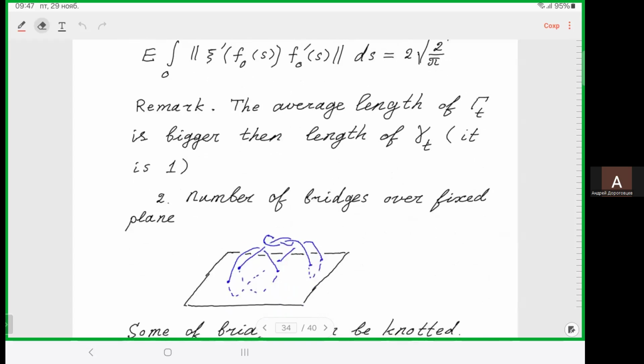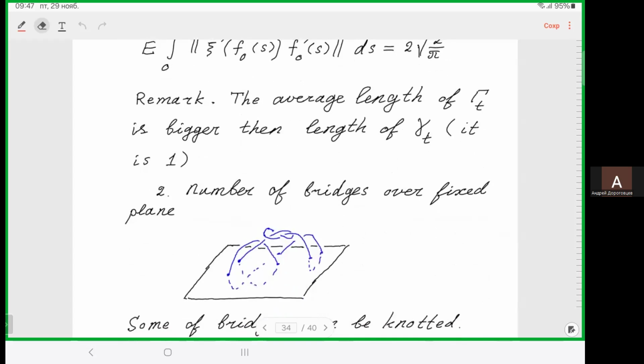So now let us come to other characteristics. This can be the number of bridges over a fixed plane. It is a valuable characteristic of the complexity of the knot. But in our case, we are slightly cheating because our bridges can be knotted.